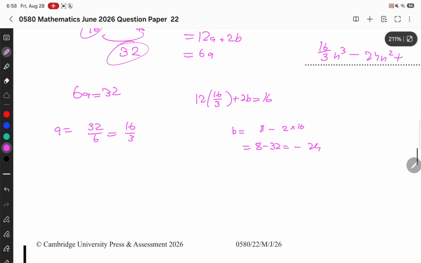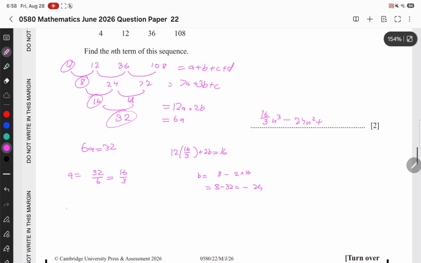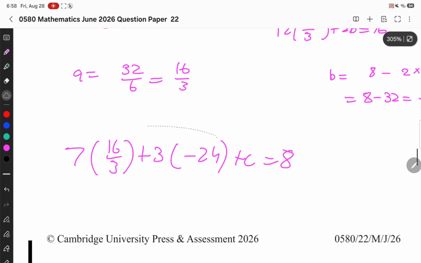Next, for c we have 16 over 3 plus 3 times negative 24 plus c is equal to 8.